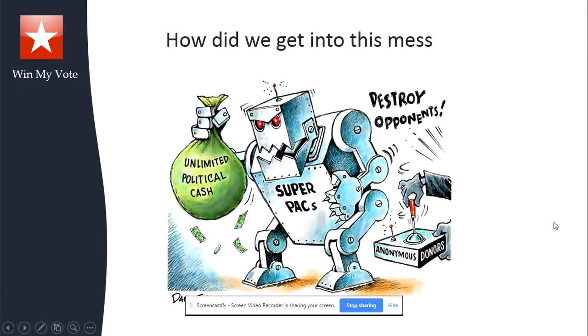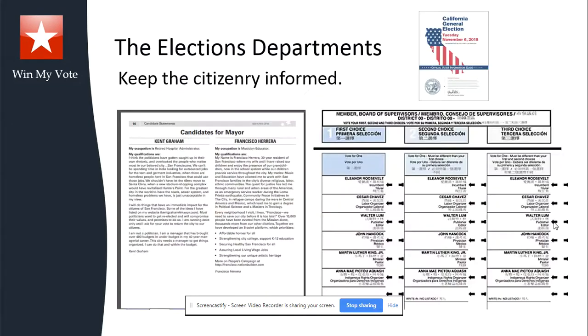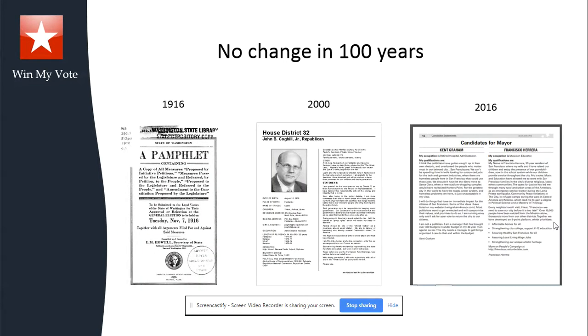So the first step is sort of how do we get ourselves in this mess, right? Where money is so pervasive and money works so well in elections. And I would place that blame right at the doorstep of the elections departments throughout this country collectively, meaning that they haven't done anything. They haven't changed their voter information booklet in 100 years.